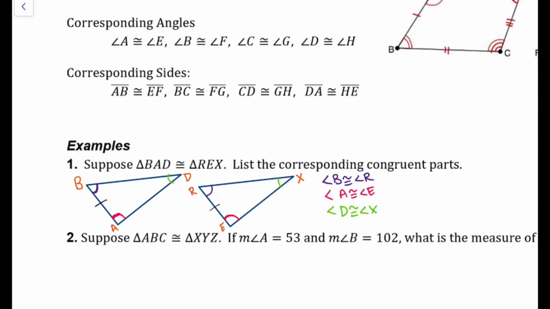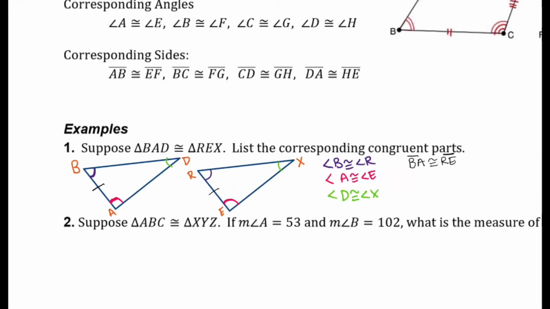Again, I've got it in green, but you could do 3 lines for this one like we did in the previous example. BA is the same as RE. They're in the same order. Make sure it's BA and not AB. And then we've got AD and EX are congruent. I've got 2 lines there for AD and EX.